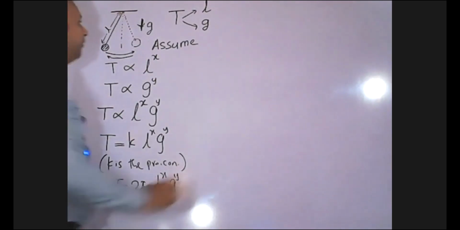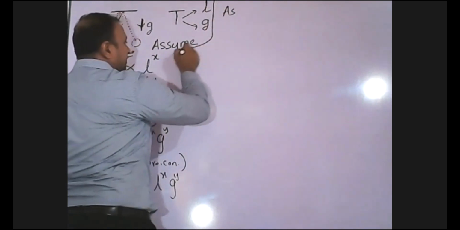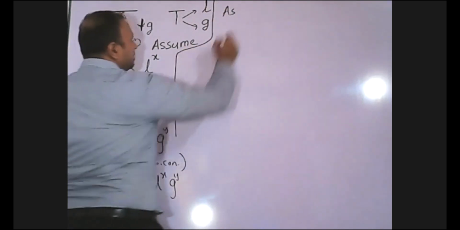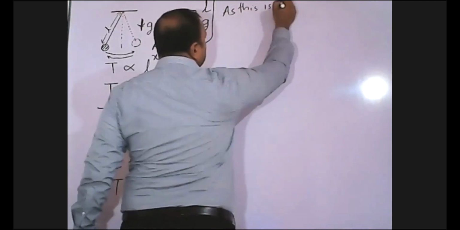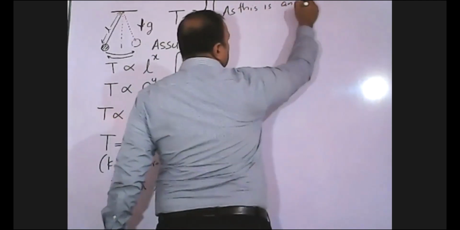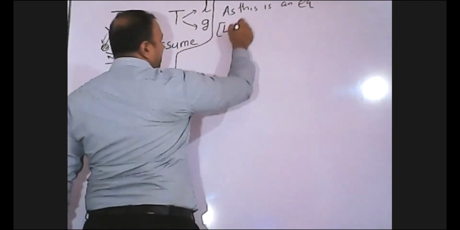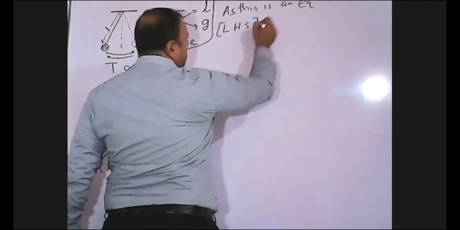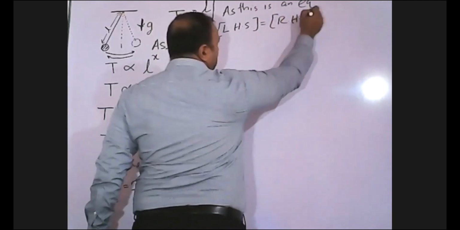So, as this is an equation, the dimension of LHS should be equal to the dimension of RHS.